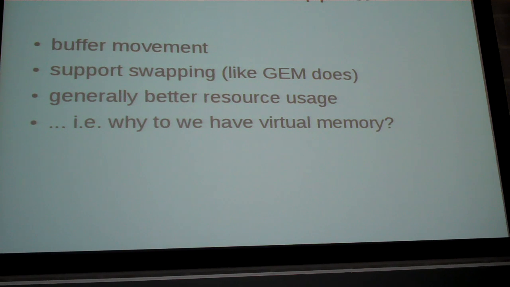Gem can actually do it, and it mostly works, which is a bit astonishing. Or just generally better resource usage. It's kind of the same reason why we have virtual memory.